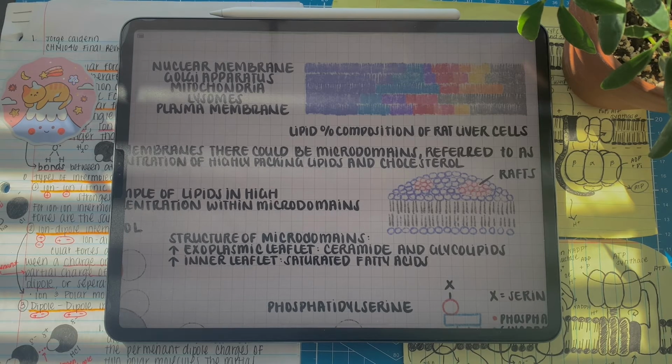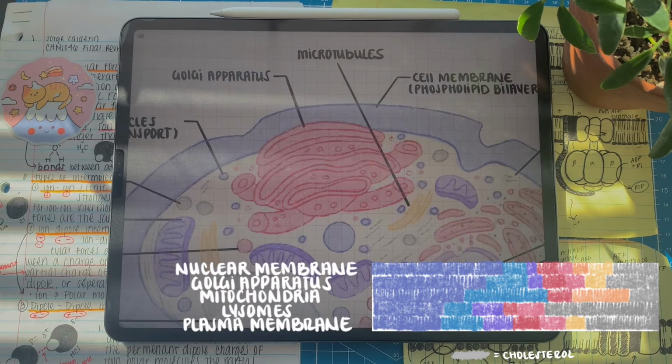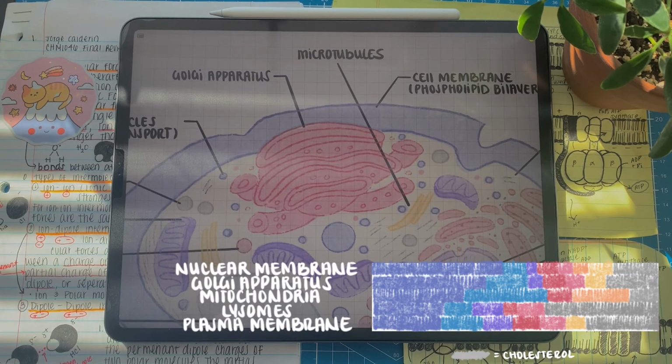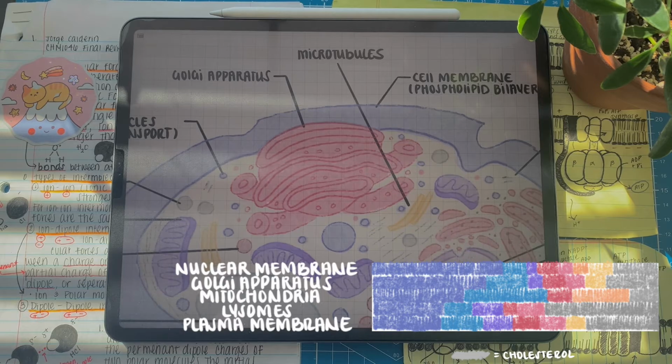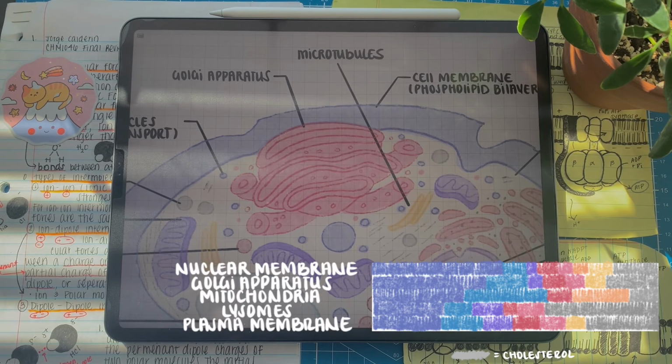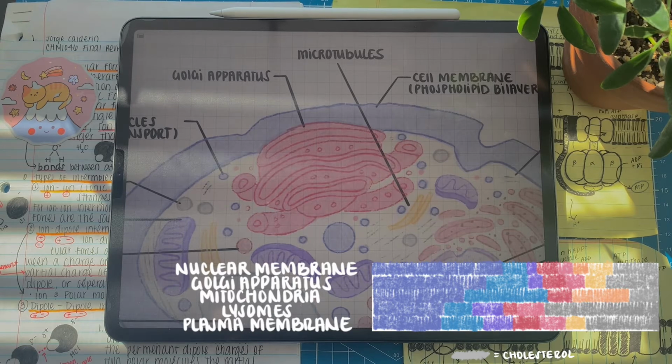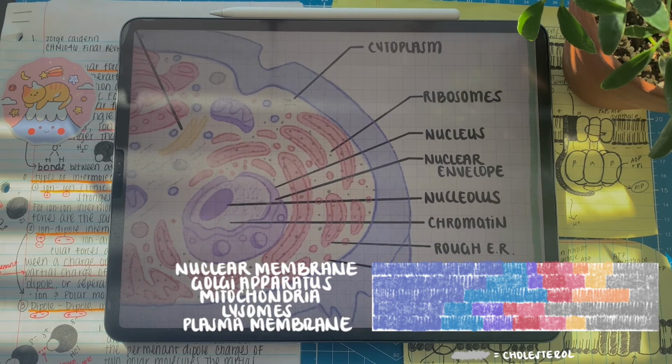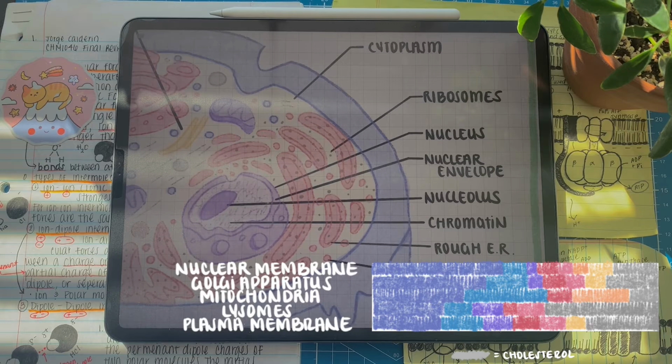First, depending on the organelle or membrane, the ranging concentrations of cholesterol and types of lipids fluctuate depending on the need and function of the organelle. For example, the mitochondria has less cholesterol than the nuclear membranes, where lysosomes have drastically more cholesterol than the plasma membrane.